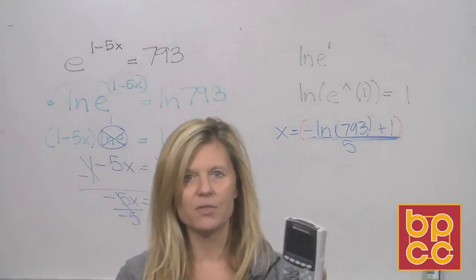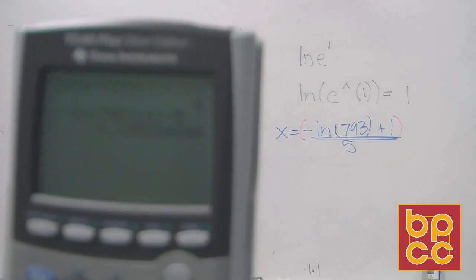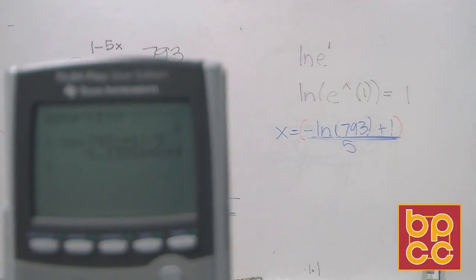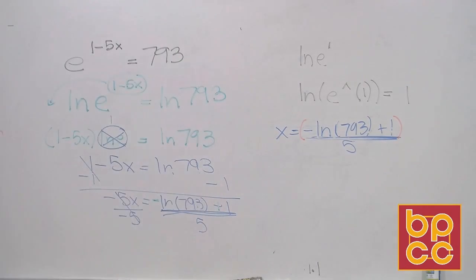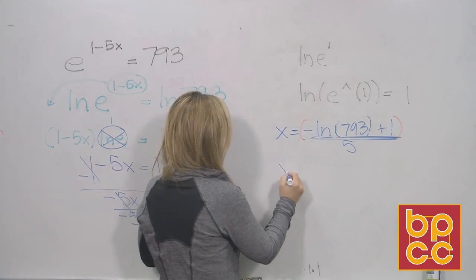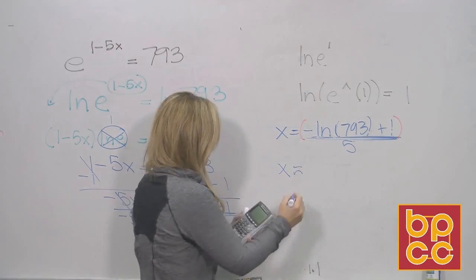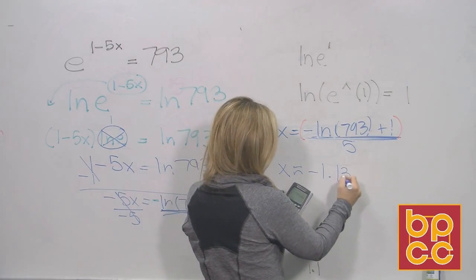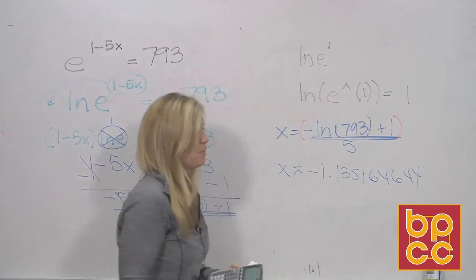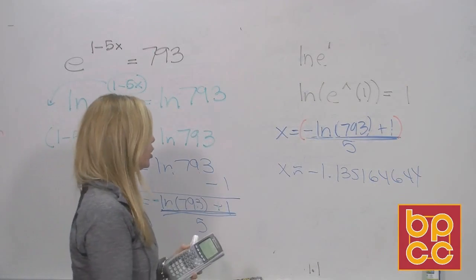Okay, let me bring it up and see if you can see it. Okay, if you'll look at that closely, move back, and y'all can see it. All right, so what I got out was x is approximately negative 1.135164644. And depending on what they want you to round it to, you round.